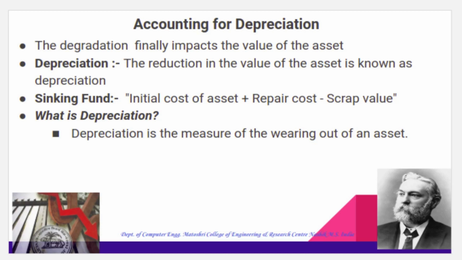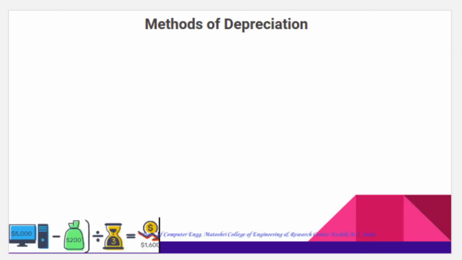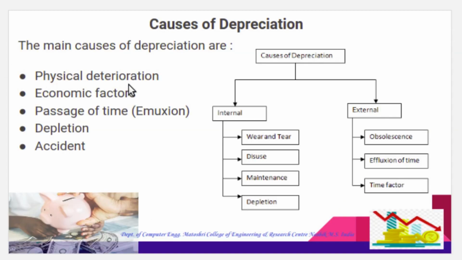Spicer and Pegler have written a book named Practical Auditing. So next, the causes of depreciation are broadly categorized into two parts. The first part is internal depreciation and the other part is external depreciation. But to understand the causes of depreciation, we must know what exactly deterioration means. The first is physical deterioration.